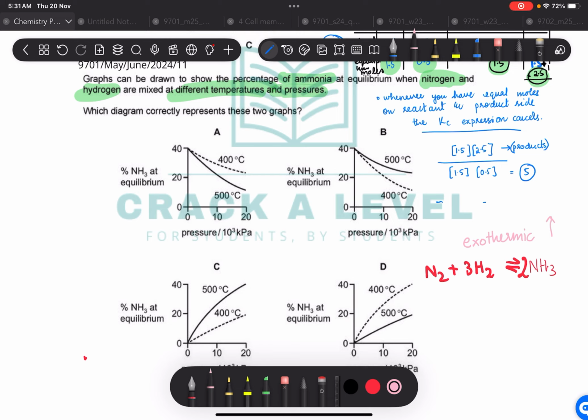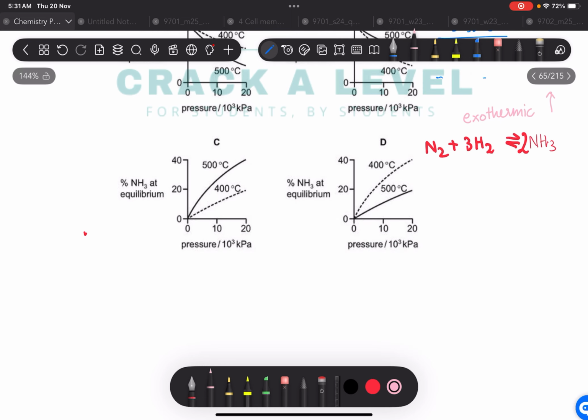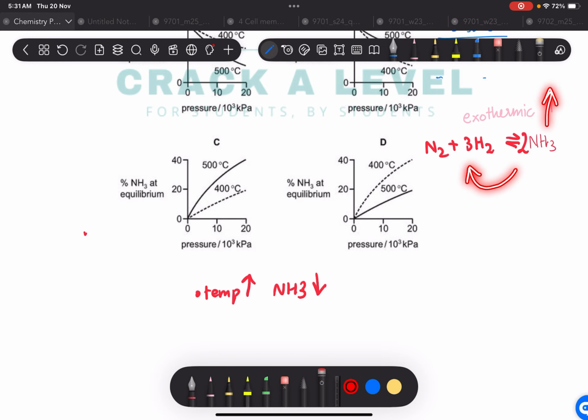Firstly, we know one thing, that at equilibrium, if we increase the temperature, ammonia should decrease. Why? Because in exothermic reactions, when you increase the temperature, equilibrium moves backwards.